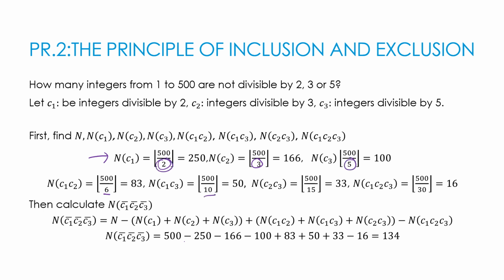And C2, C3 would be 3 times 5, which is 15. And then, of course, I have to find the number that are in all three. So 2 times 3 times 5 is 30, and I get 16. So now I'm just using my formula or my pattern that says subtract anything with 1, add anything with 2, subtract anything with 3. I get 134.